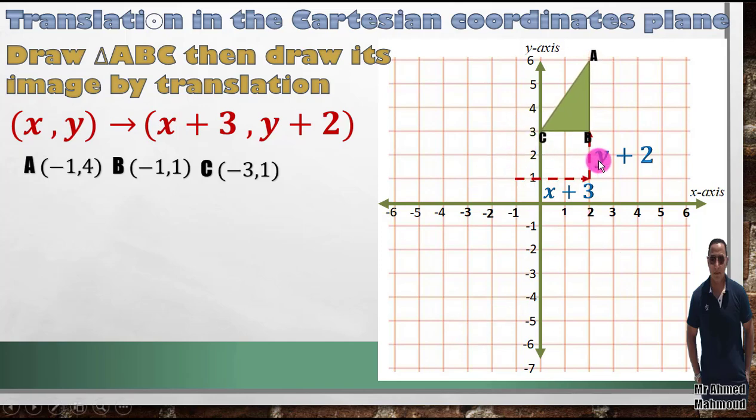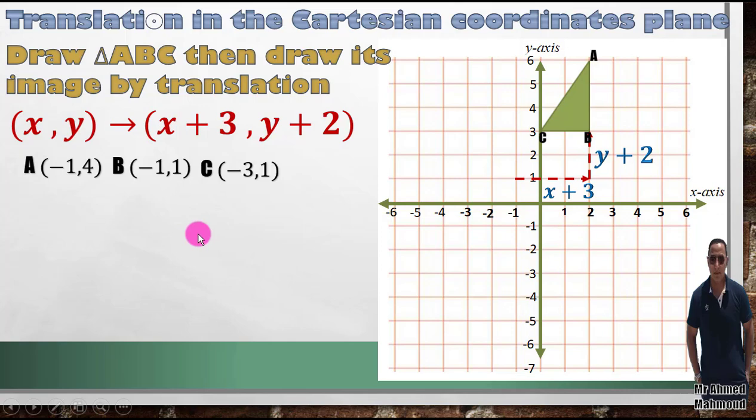This is the way that I'm going to translate the triangle from the original position to the new position. If it asks me x + 3, I move the triangle 3 units to the right, and y + 2, 2 units up.